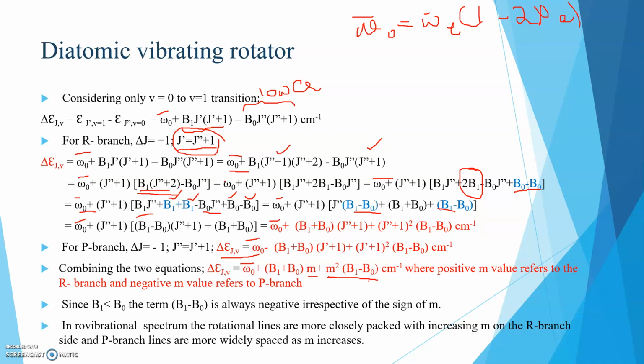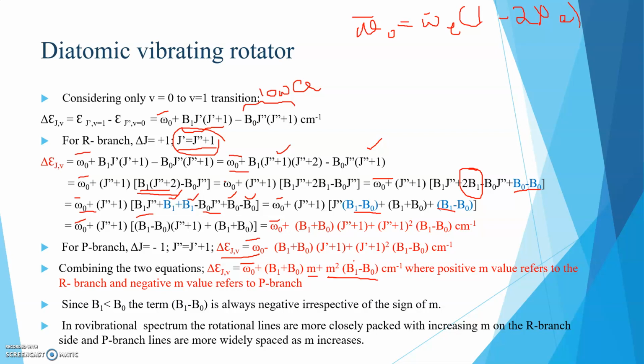So what is essentially happening is that in the case of a real diatomic vibrating rotator, it involves a breakdown of the Born-Oppenheimer approximation. And you have to use this equation to account for the rotation vibrational spectrum of a real vibrating diatomic molecule.